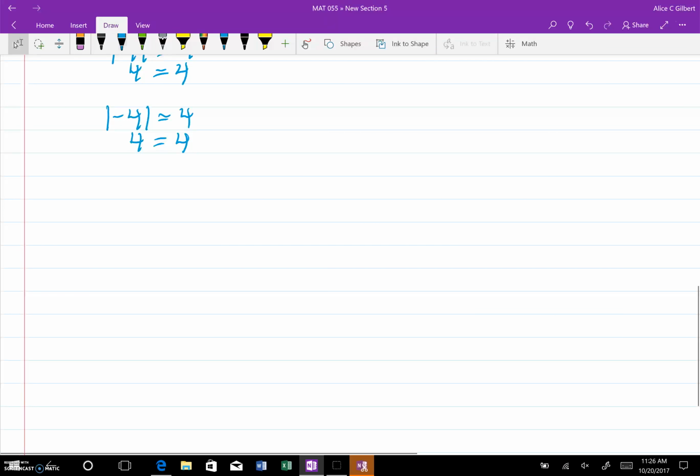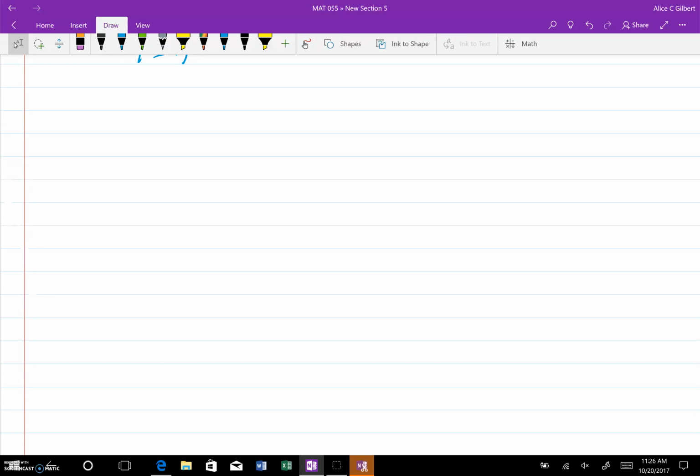But when we start getting into inequalities, which means things are not equal, we will have greater than or less than, or greater than or equal to, or less than or equal to. So let's do our example here. What if the absolute value of x is greater than 4?